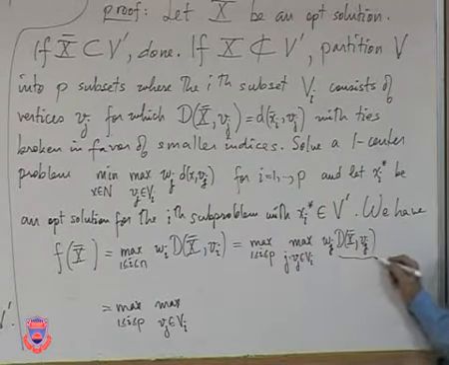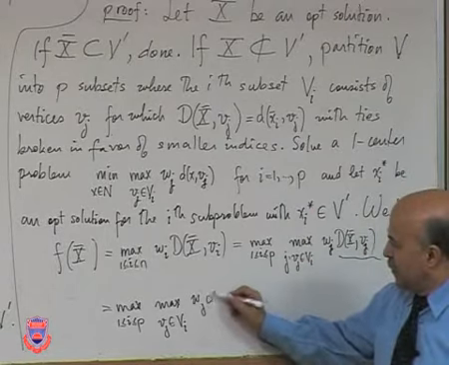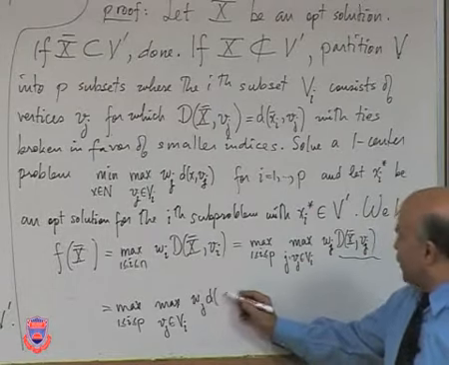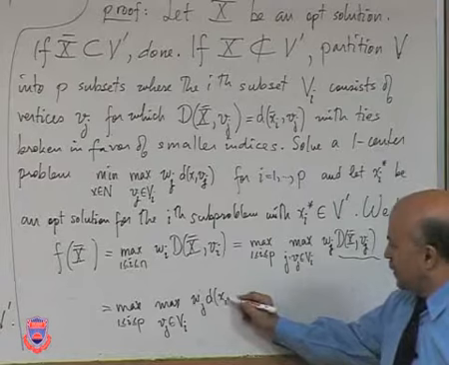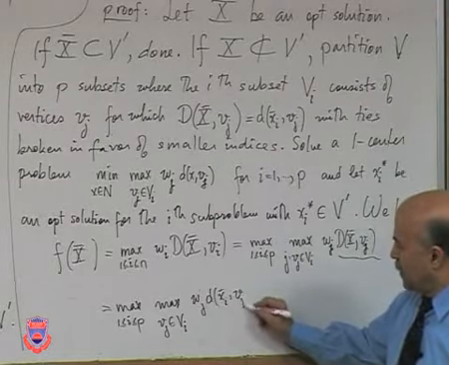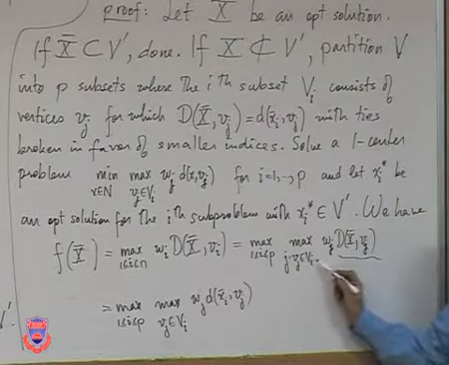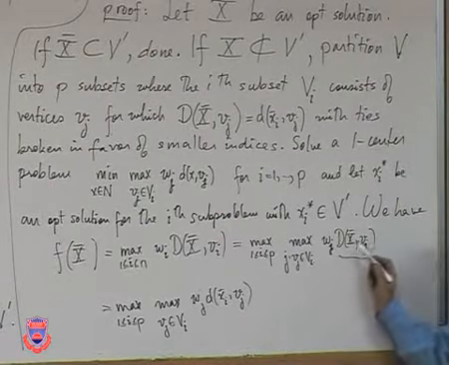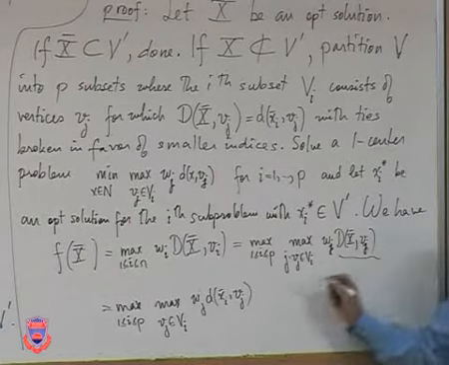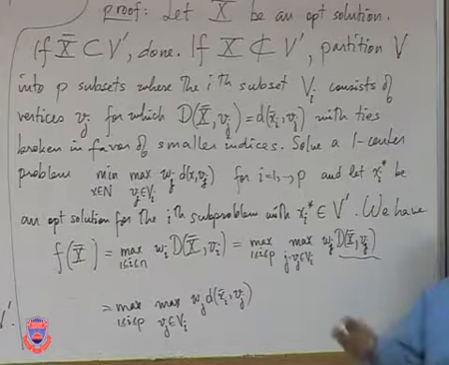Except that I'm going to replace that one with the actual distance. Because for the ith subset, this closest distance is defined by xi bar from the definition of what we have done.